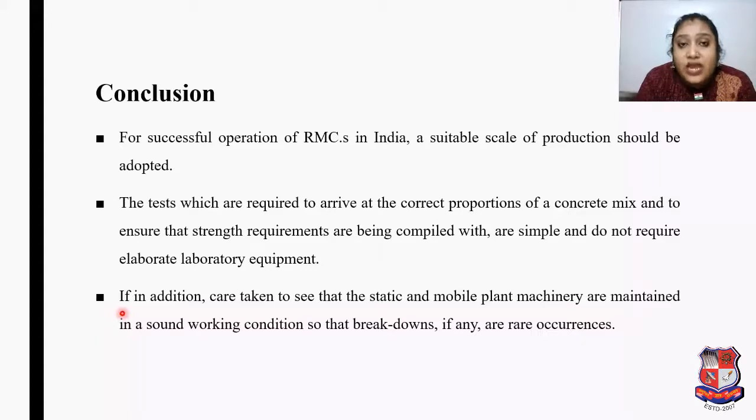So prepare well from this lecture, because whatever I want to convey to you, that you can write in your exam, I have already written in this PPT. So you can read it and prepare well.